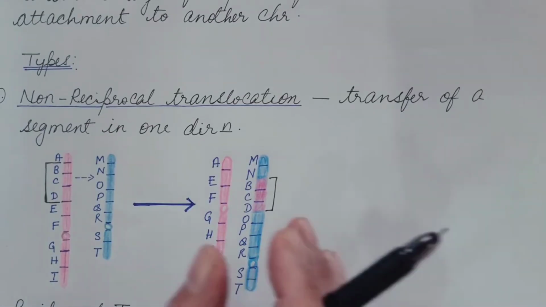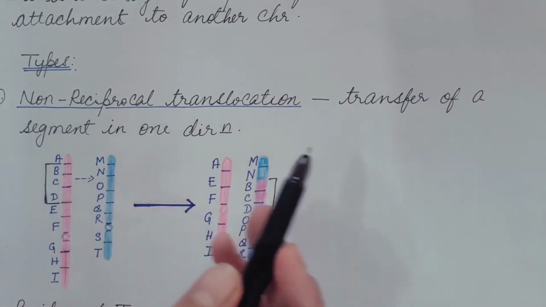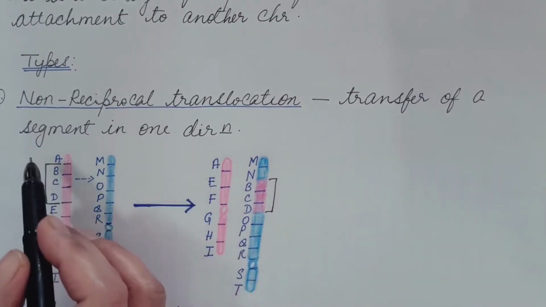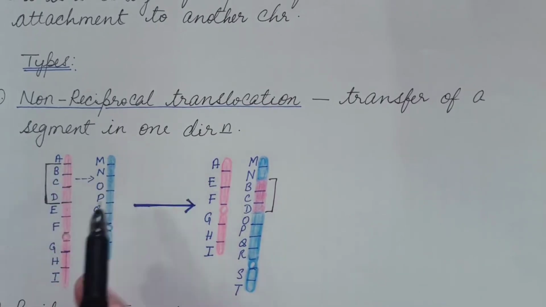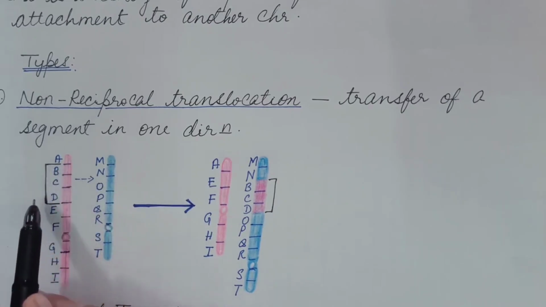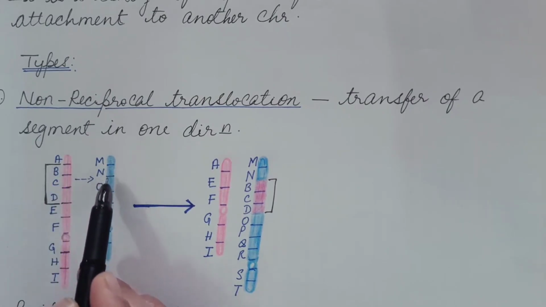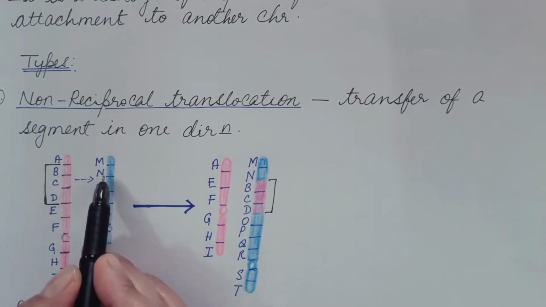Now the types of translocation. First is non-reciprocal translocation. Transfer of a segment in one direction. Here this is one chromosome and this is the other chromosome. From the first chromosome a segment breaks. Breakage takes place at 2 points and this segment is then transferred and it attaches to the second chromosome.